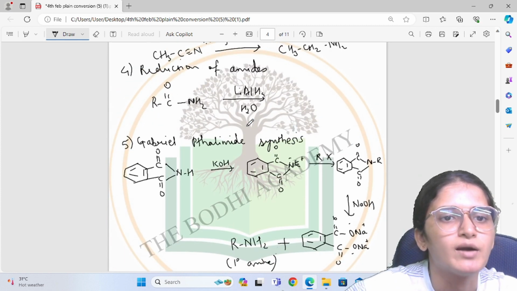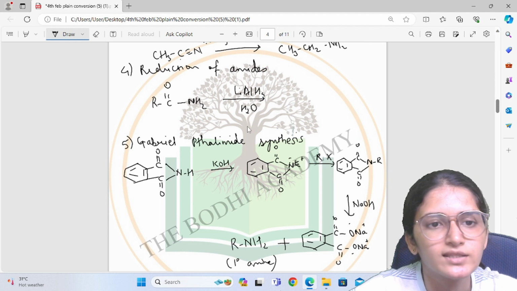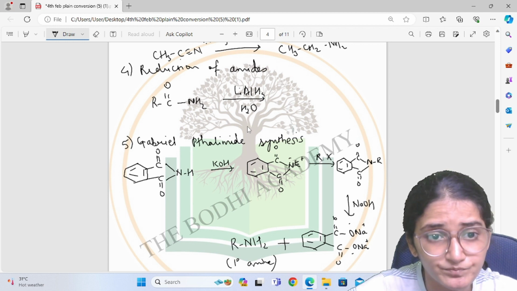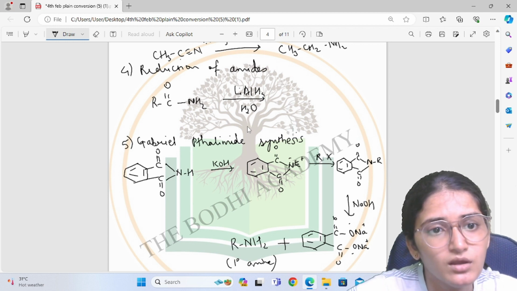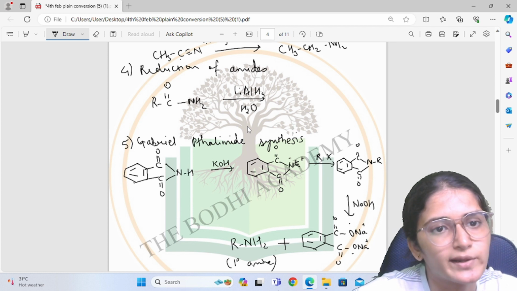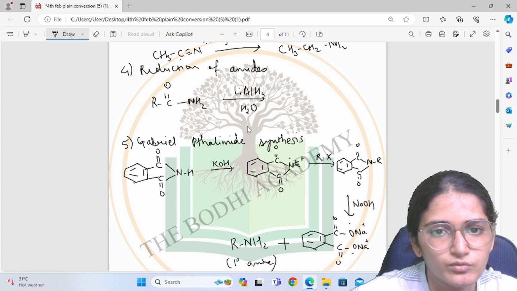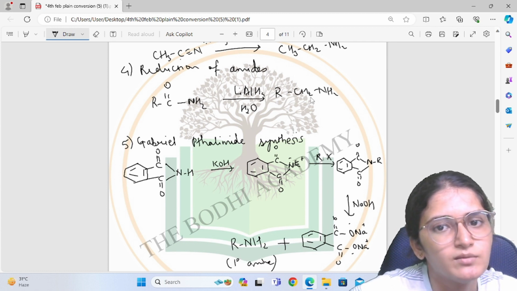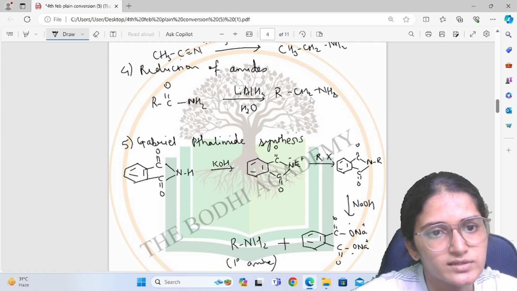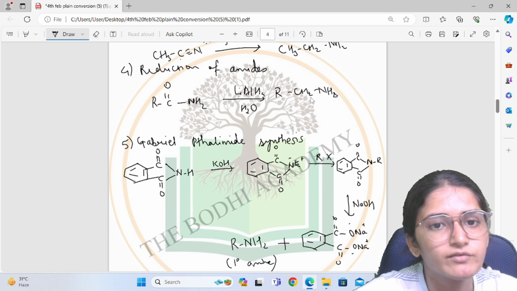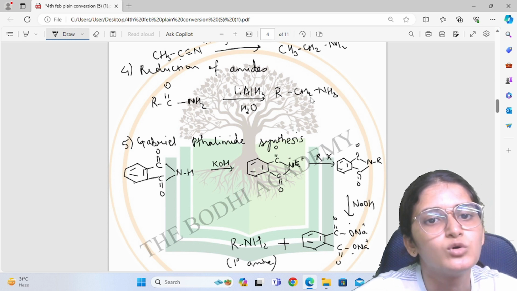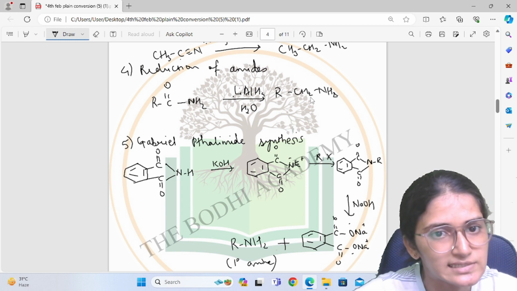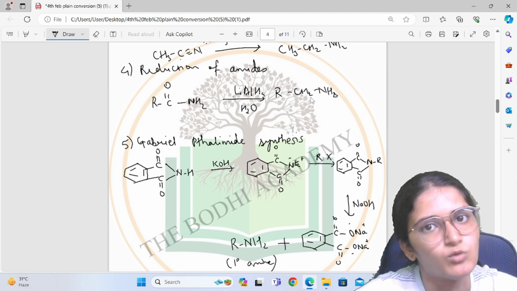Then reduction of amides. In the same way we can reduce amides, but here we have to remove the oxygen along with it, so we will have RCH2NH2 as our main product. Here we are using the most efficient reducing agent, lithium aluminum hydride, and water.